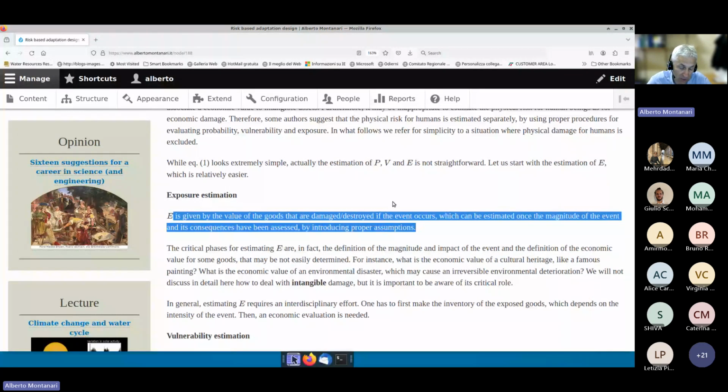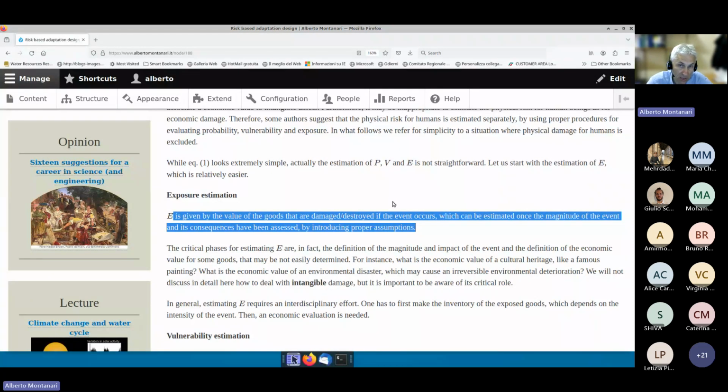Let's talk of an earthquake. You specify the magnitude, like an earthquake of grade 6. Then, given the magnitude of the earthquake, you estimate the number of buildings that are destroyed, and you also estimate the other damages.